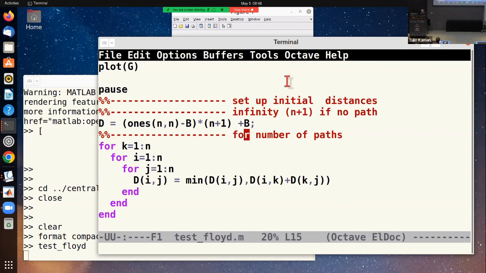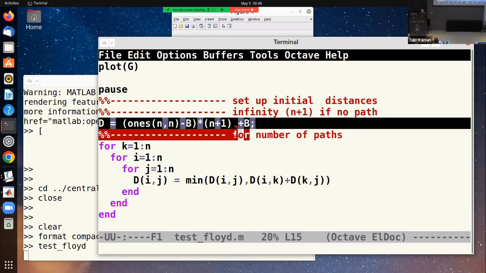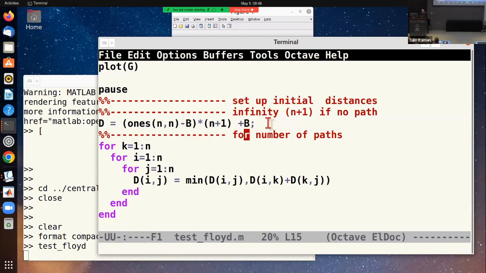So if I take only the original matrix, that's what I do. I use this expression in here, which is a little complicated to understand, but it simply puts an infinity, n plus 1, because you cannot have more than n plus 1 distance. So it's n plus 1 for every edge that doesn't exist, where we have a 0. Or you could just put the 1 you had before. That's how we start the D.